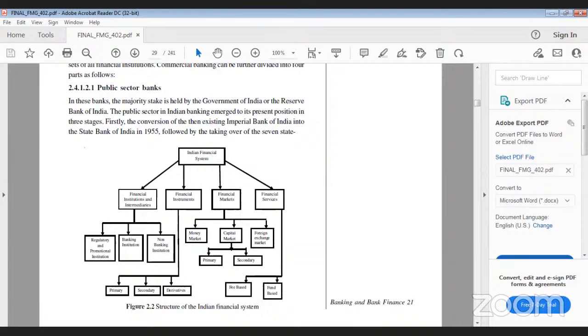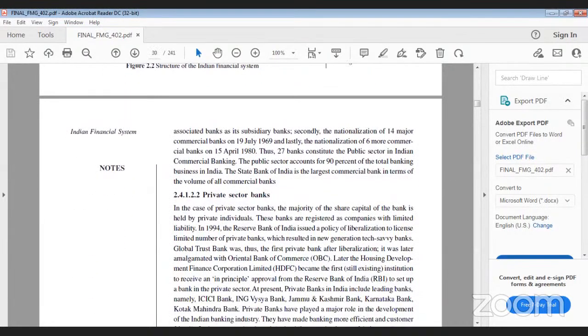First, the nationalization of the Imperial Bank of India into the State Bank of India in 1955, along with its seven associate subsidiary banks. Then 14 major commercial banks were nationalized on 19 July 1969, and 6 more commercial banks on 15 April 1980.